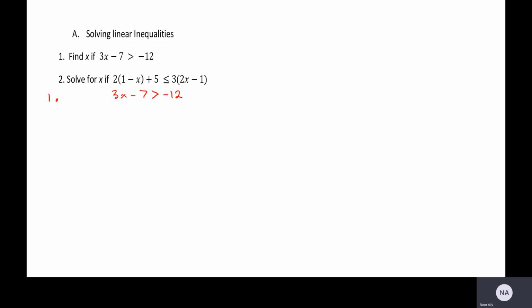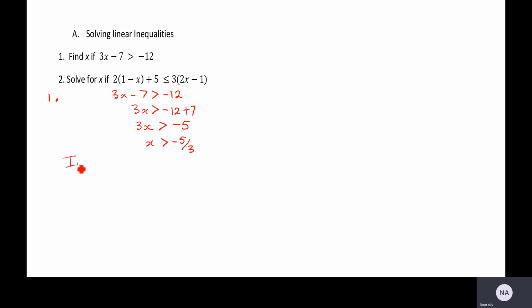Now, I know that you're familiar with this, so if I am going a little quick, I don't think you would mind. I'm going to transpose the 7, keep the inequality without changing it. That gives me 3x greater than negative 5. Then x is greater than minus 5 over 3.